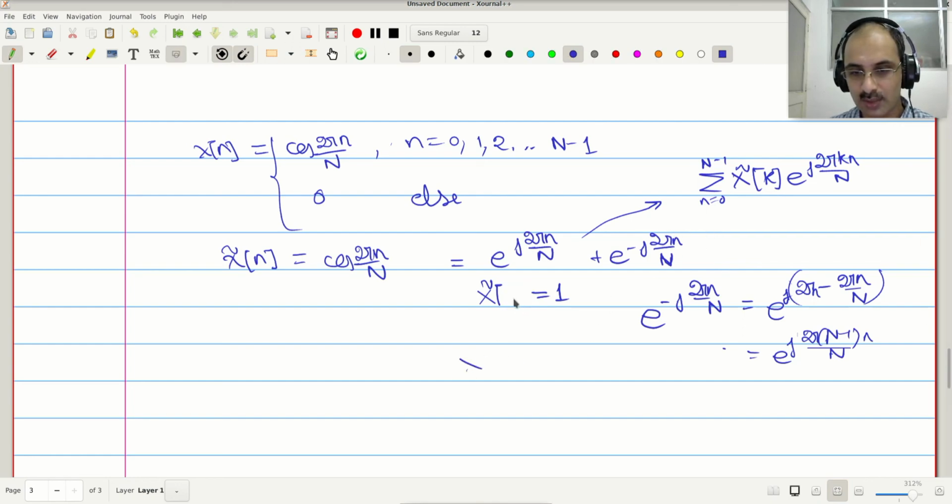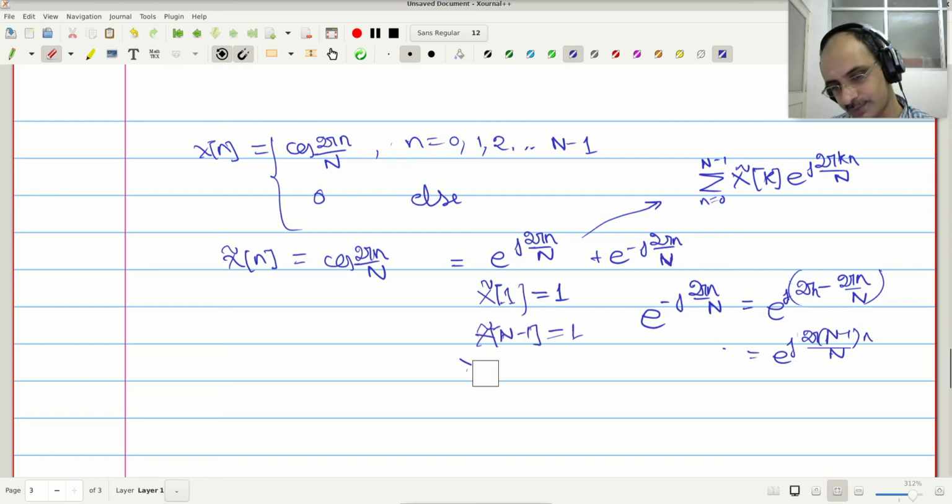So, sorry, this should be x tilde of 1, and x tilde of N minus 1 should be equal to 1.